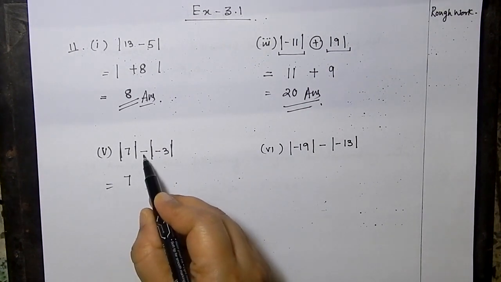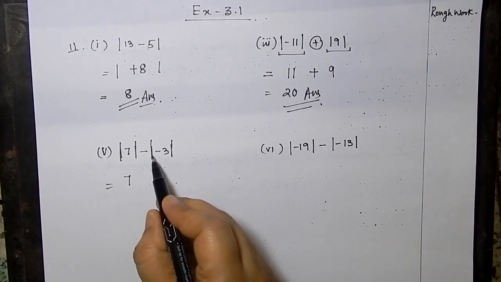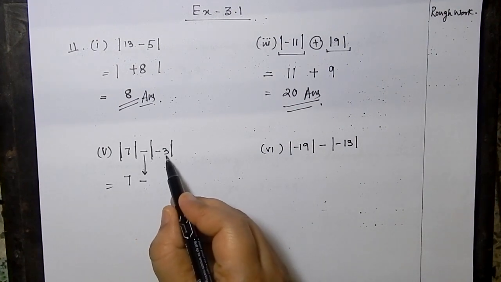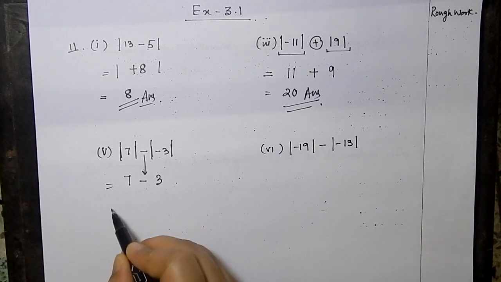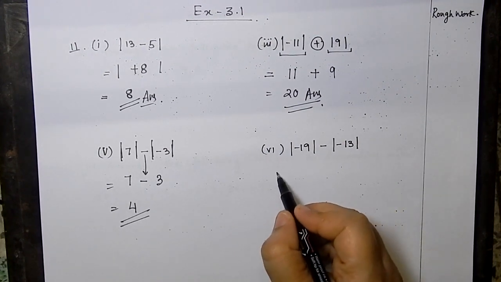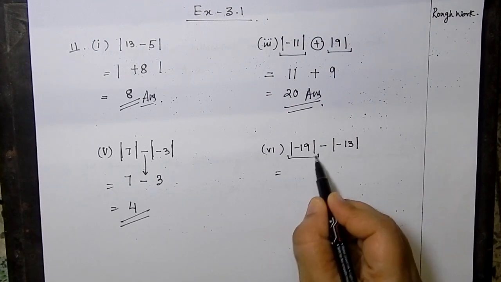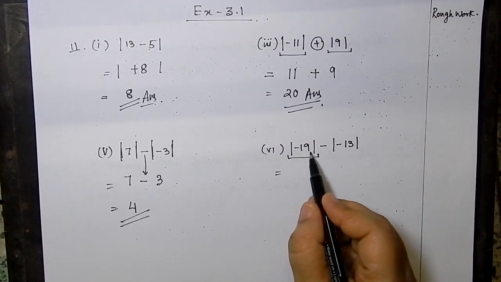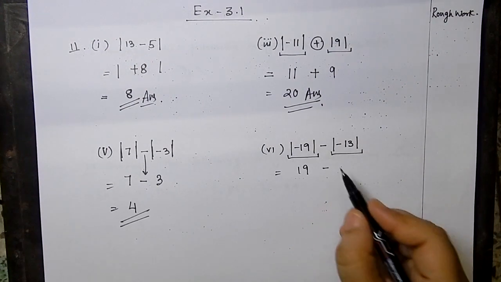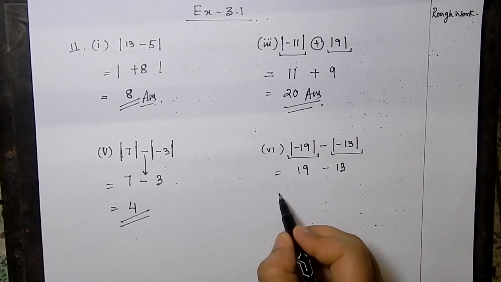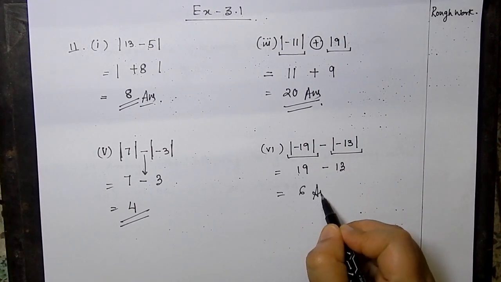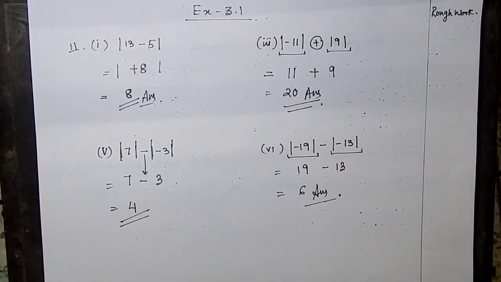So 7 minus is outside the vertical line, so this is the operation that you have to do. Absolute value of minus 3 will be 3. So 7 minus 3, 4. So here absolute value of minus 19 is only 19, minus absolute value of minus 13 is only 13. So 19 minus 13 is 6. We don't give the sign in these cases.